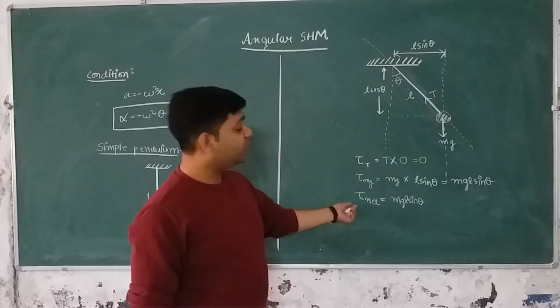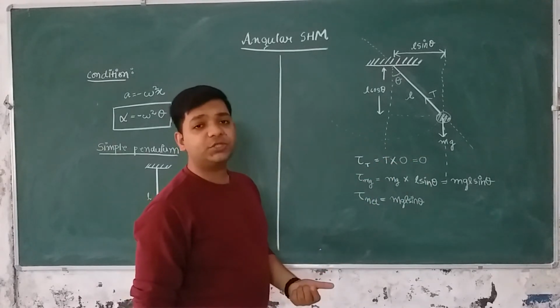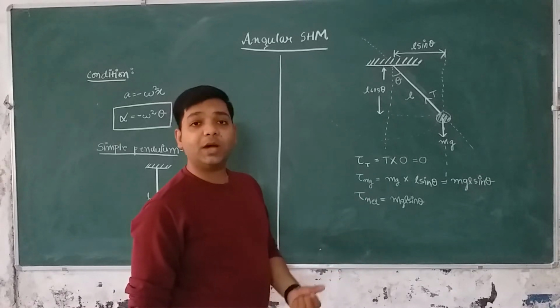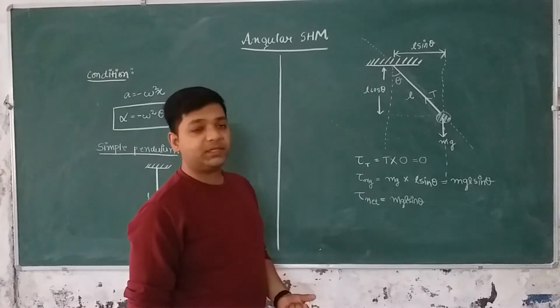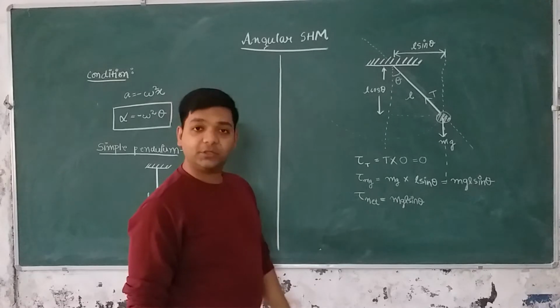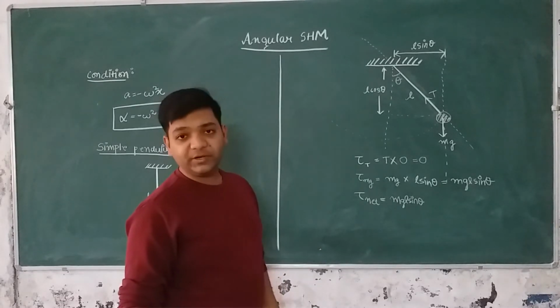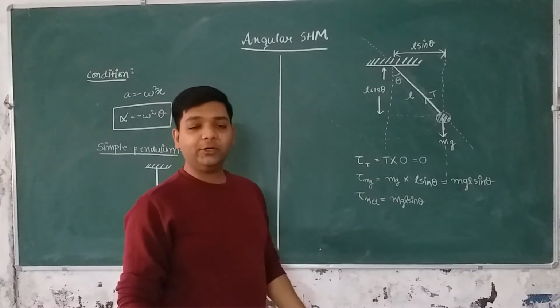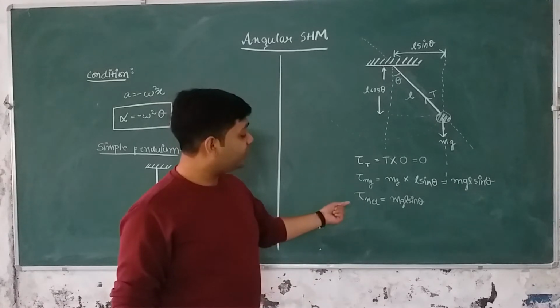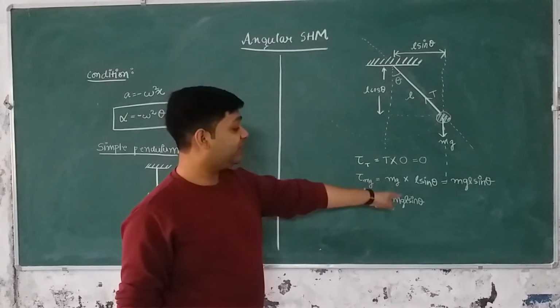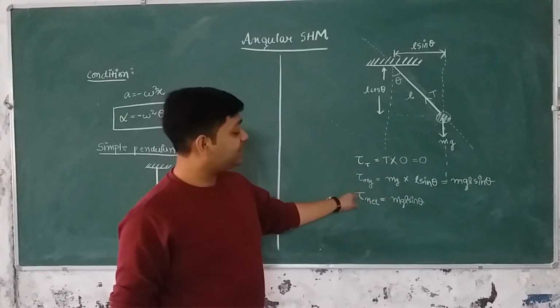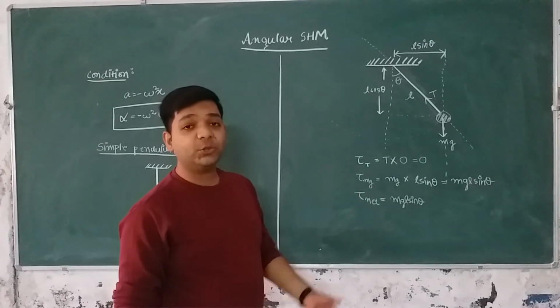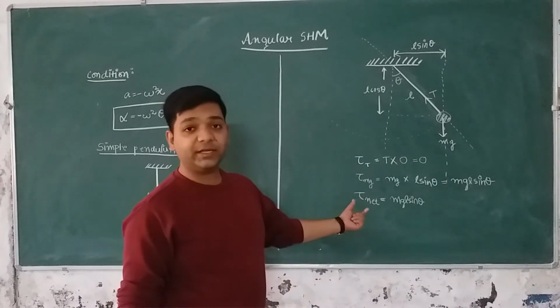Now we know one formula from rotational motion itself: tau is equal to I alpha. I hope you remember this formula, where tau is torque, I is moment of inertia, and alpha is angular acceleration, because we have to relate angular acceleration with theta. So I'll replace this tau with I alpha so that I get a term of alpha here.